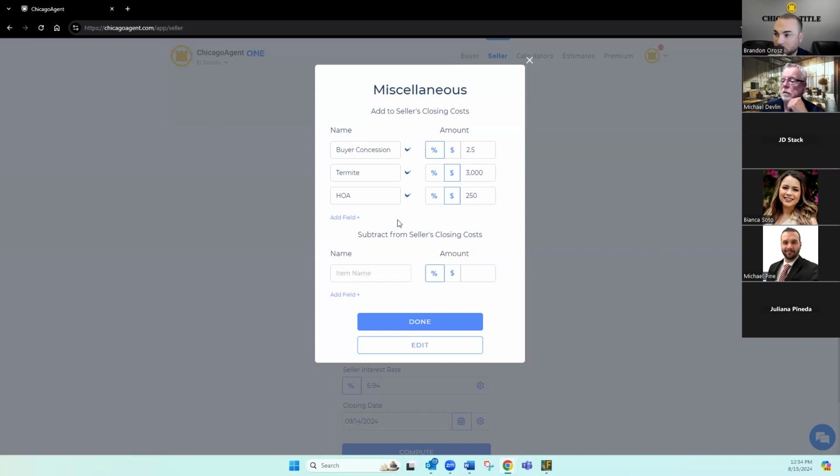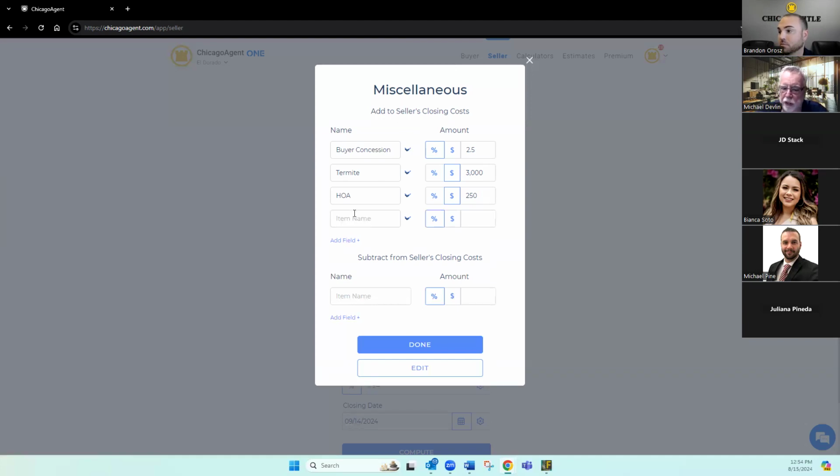And Mr. Pine was suggesting escrow, title. Title insurance and escrow are built in. Staging is another cost that might appear. Moving expenses we don't put in, because moving expenses are typically not a closing cost. It's a post-closing cost. We're looking for things that may or may not show up on the closing statement.